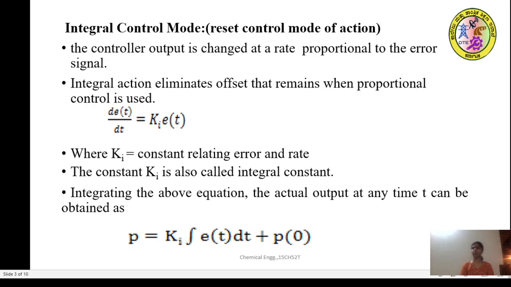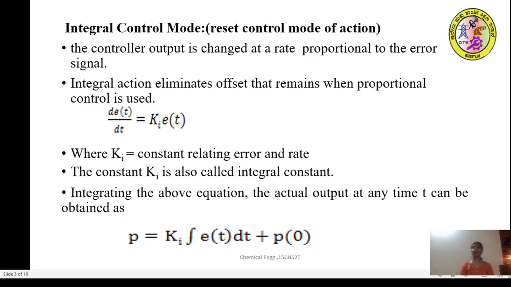When the proportional control is being used in any controller, even upon using the proportional controller, if the correction is not being made, the error is not being fully eliminated, then in that case, if the integral action is being used, it completely eliminates the offset, the sustainable error.